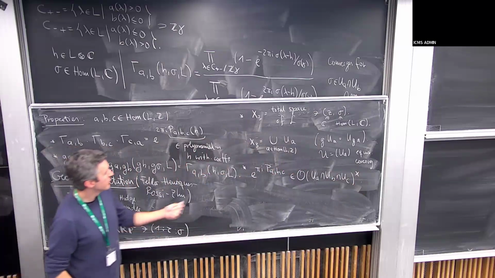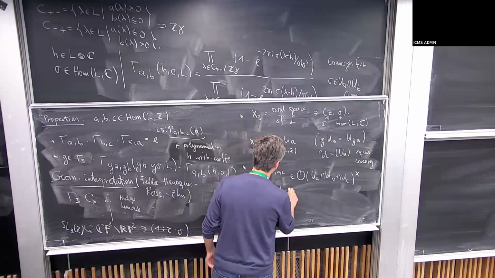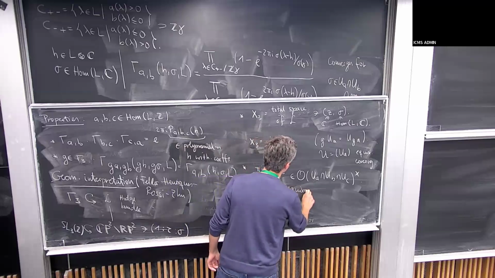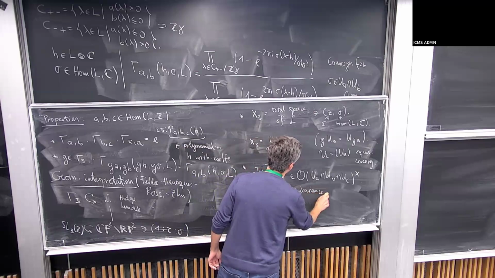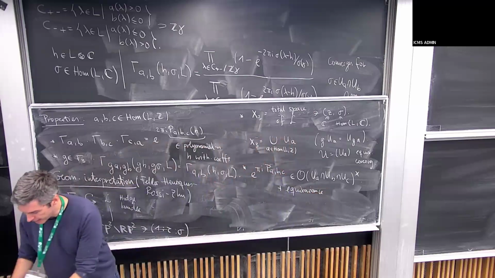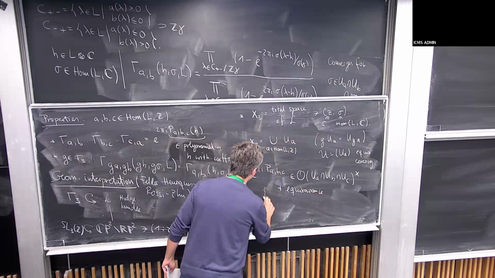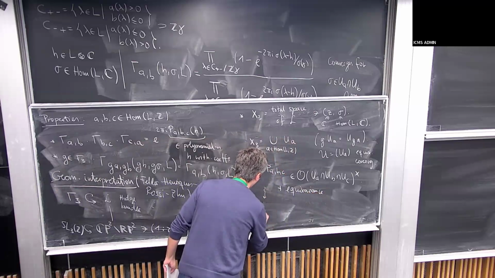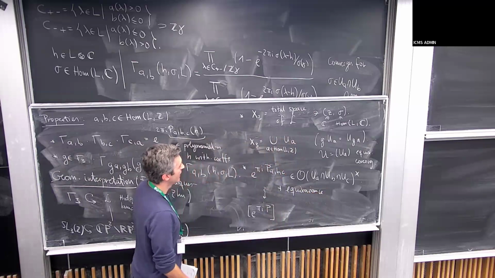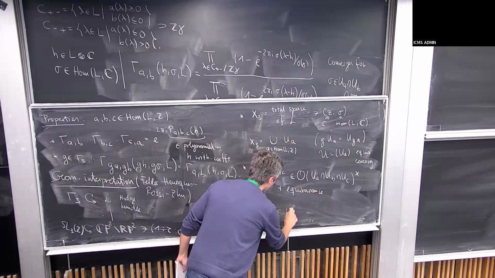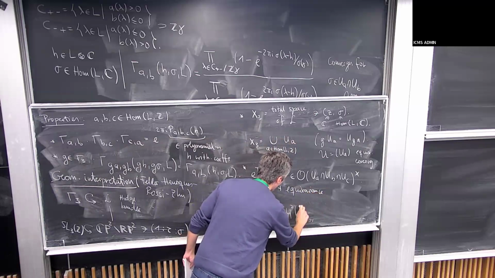And so this identity plus the equivariance means that one can think of this as defining a class that I will call e to the pi i P in H2 of this quotient here.